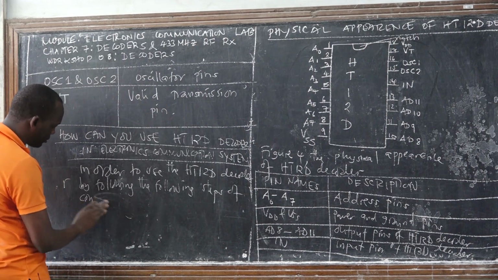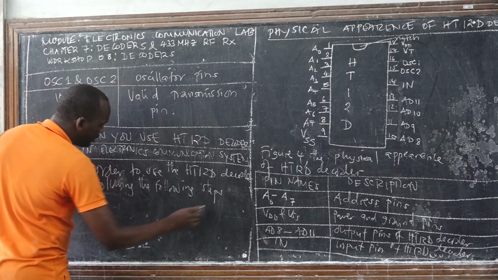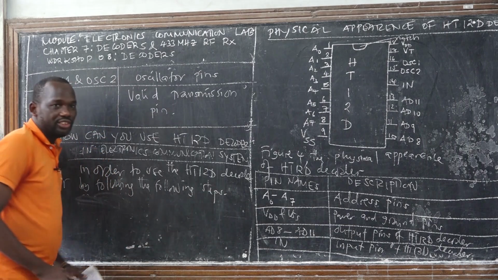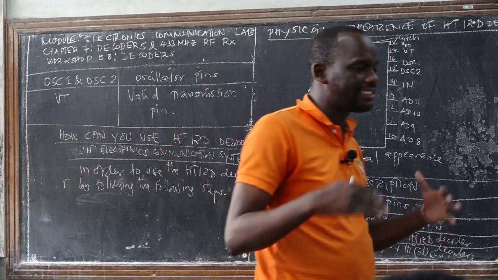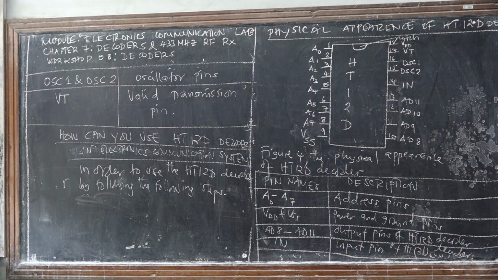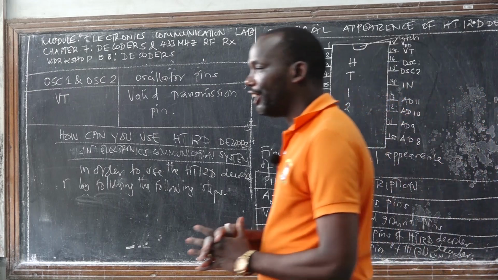There are some common steps, similar to how we use the Ht12E encoder to design a wireless transmitter, and the same steps might be used when using the Ht12D decoder in the receiver part.